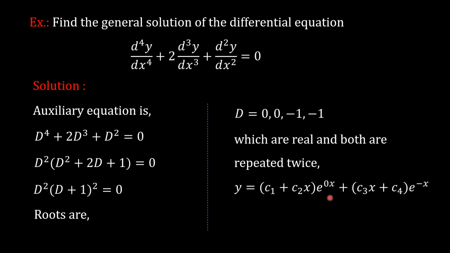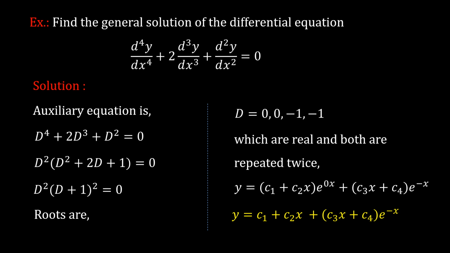Now e raised to 0x is 1, therefore the final solution will be y is equal to c1 plus c2x plus (c3x plus c4) into e raised to minus x. So in this way we can obtain the general solution to the given differential equation.